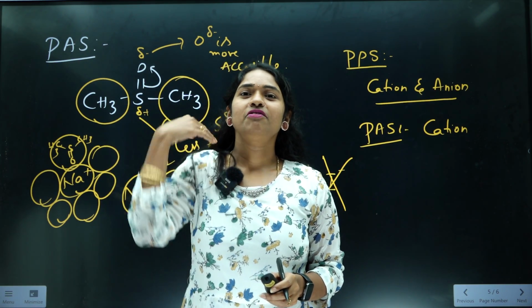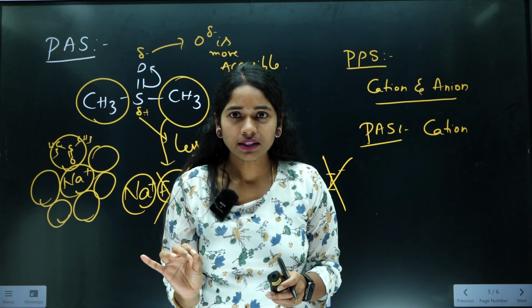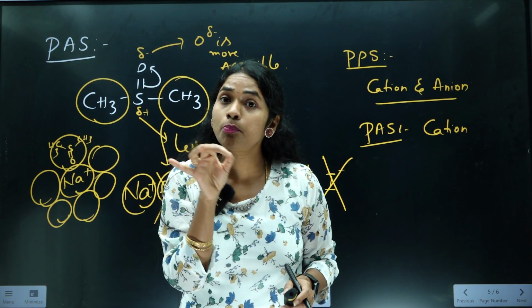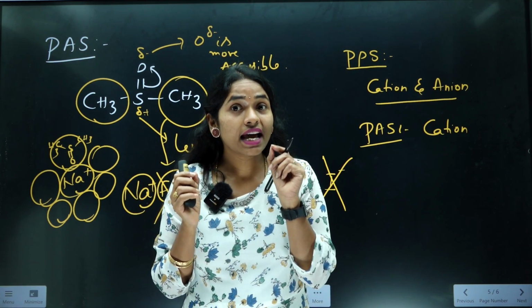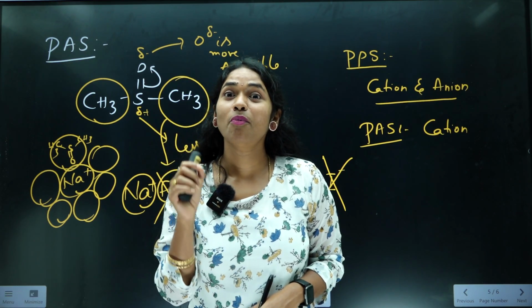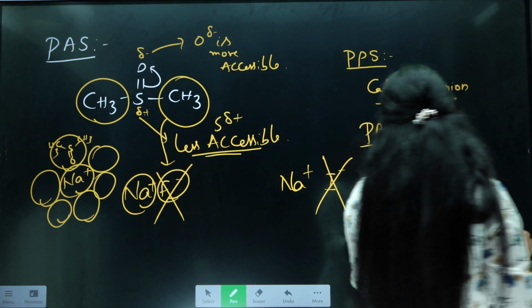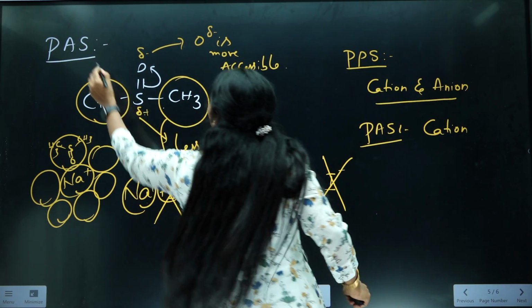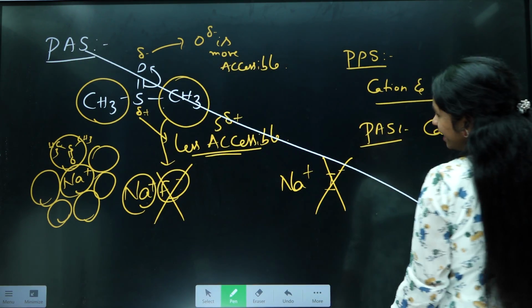That is, if the size is bigger, that is a better nucleophile in polar protic solvents. If the size is smaller, that is a better nucleophile in polar aprotic solvents. So, how easily you can do, students? You can delete all this from your mind.